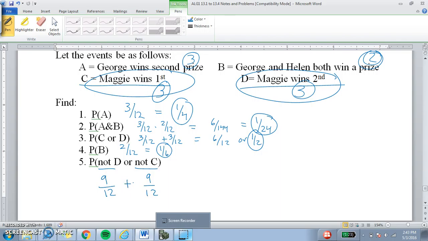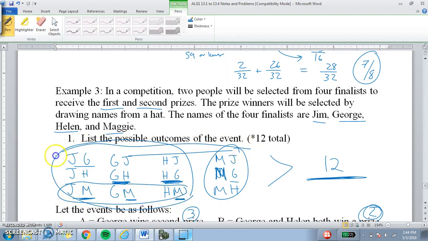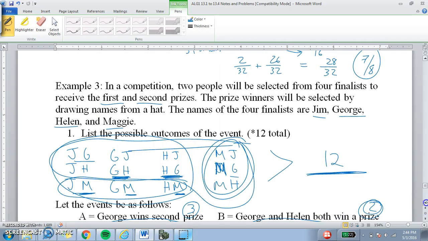We add them together. Let's see if there's any overlap. If Maggie wins first, then that means that she can't win second. So the 9 possibilities where Maggie doesn't win first are all here. But in these 3 possibilities, Maggie won second, so that would be overlap. Same thing, in these 9 possibilities, Maggie does not win second, but in these 3 possibilities, she did win first.